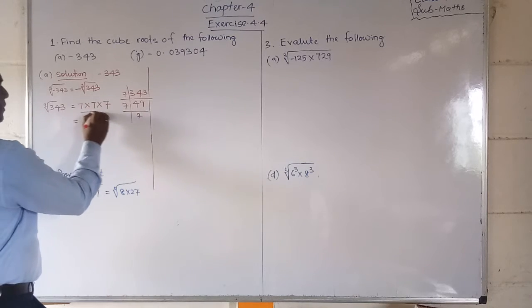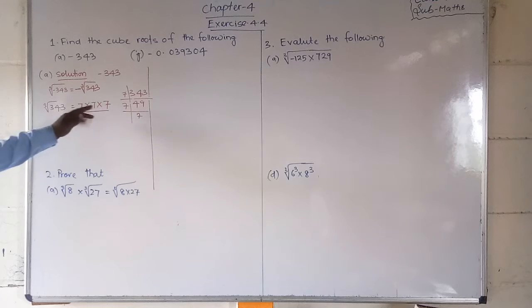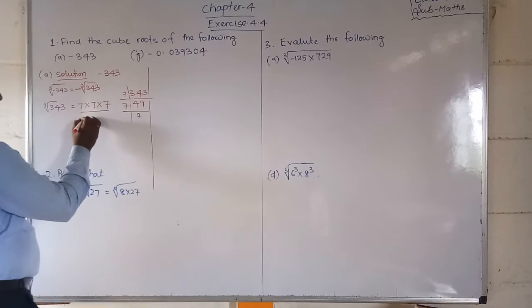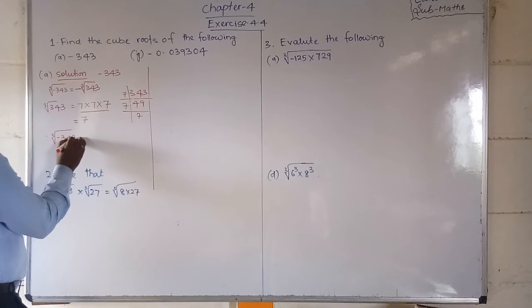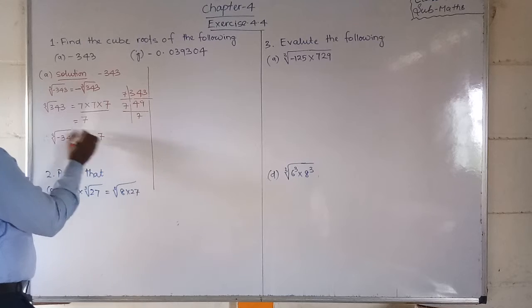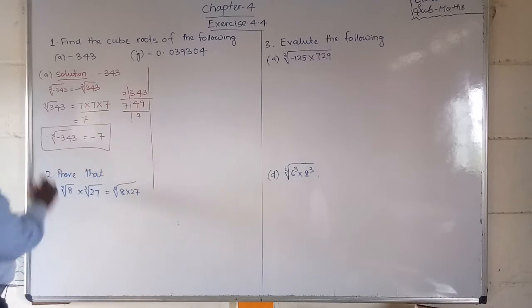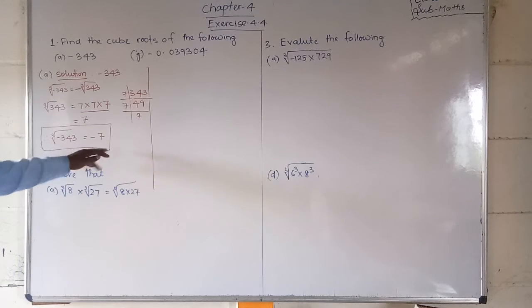Making groups of three, the three sevens give one 7. Hence the cube root of minus 343 is equal to minus 7. This is our answer. Okay students, we can do the others in the same way.